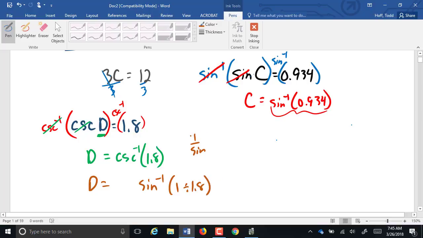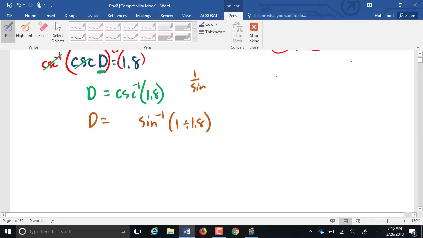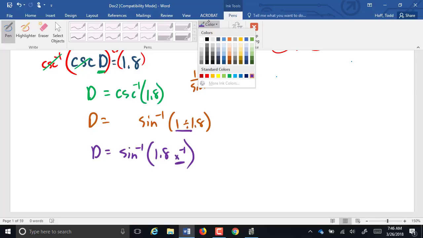Which is the working backwards on the 1 over sine. Well, instead of doing the 1 divided by 1.8, we can take a shortcut. We do d equals the inverse sine, and we just put in the 1.8 and do x negative 1. That x negative 1 key is saying take 1 divided by that 1.8. That's what that's saying. It's just a shorter way of entering it.